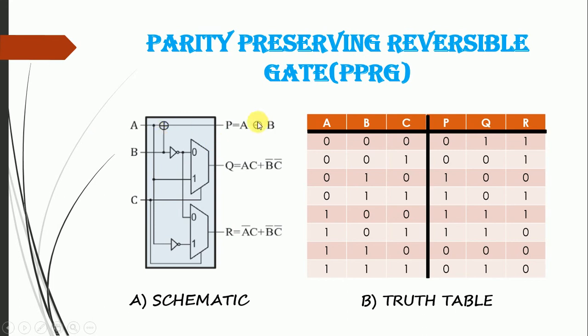For designing PPRG, we require one XOR gate, 2 NOT gates, and 2 muxes, that is 2:1 muxes. The output pins are defined as P equals A XOR B, Q equals AC plus B'C', and R equals A'C plus B'C', and the truth table is shown here.